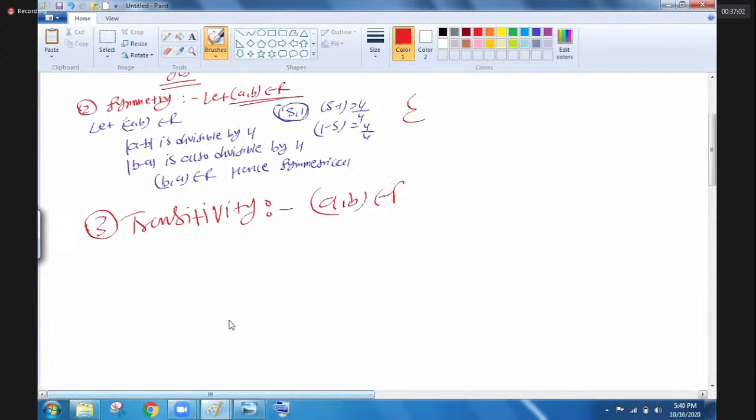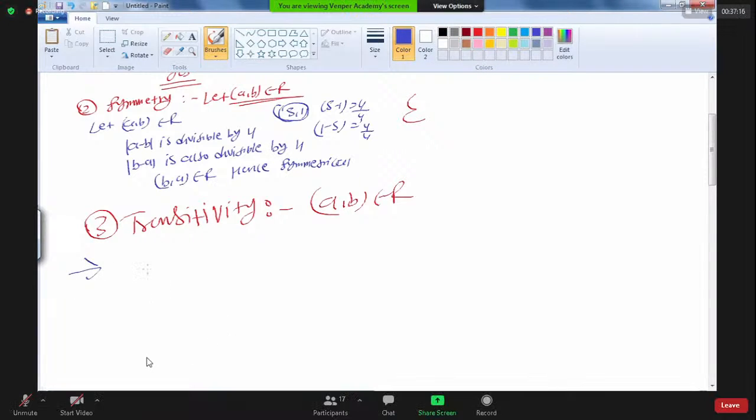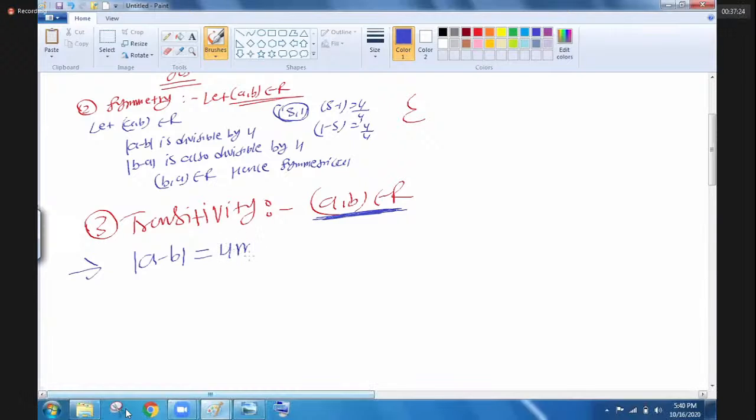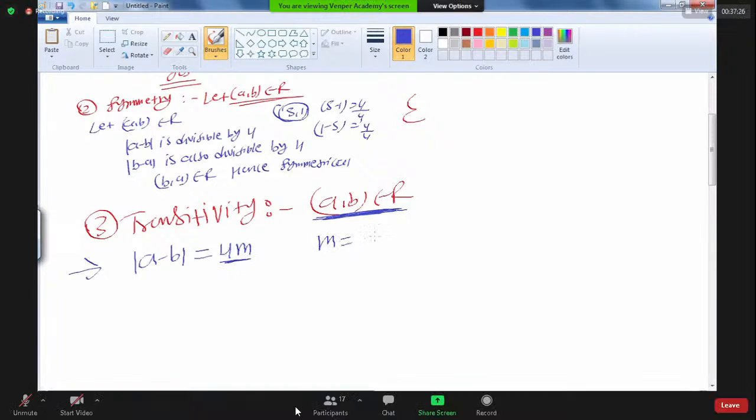If (a, b) belongs to R, can anybody justify this transitivity without using any number? Let's do that. That is the beauty of CBSE, and that is the beauty of concepts. If (a, b) belongs to R, then it must be true that modulus of a minus b will be a multiple of 4, that is 4 times m, where m is an integer.